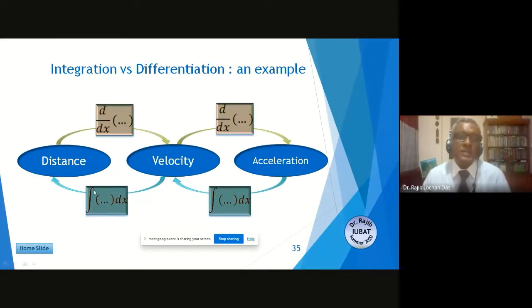The first symbol, which is like a long s, means summation. The first letter s of the word summation is used for integration. Maybe it does not look exactly like an s, but it comes from the summation s.